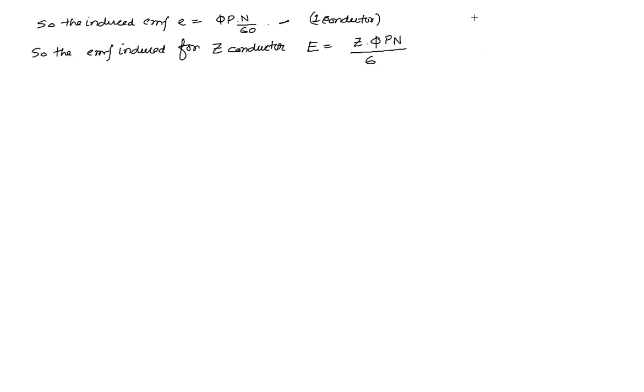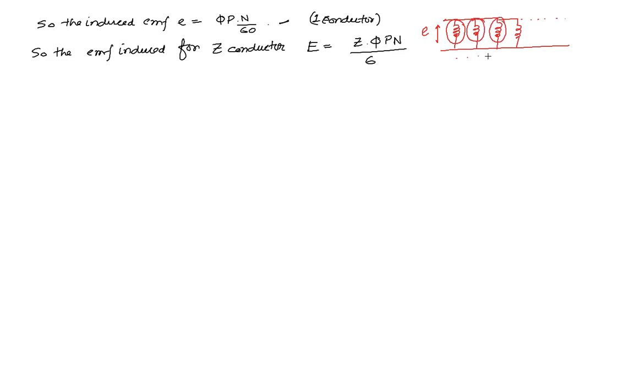Now, how the Z is situated, and A is the number of parallel paths in which the armature conductors are distributed. That means the conductors are like this: one, second, third, like this. There are so many parallel conductors present over here, and whatever the induced EMF E is over here, it is the same over here.